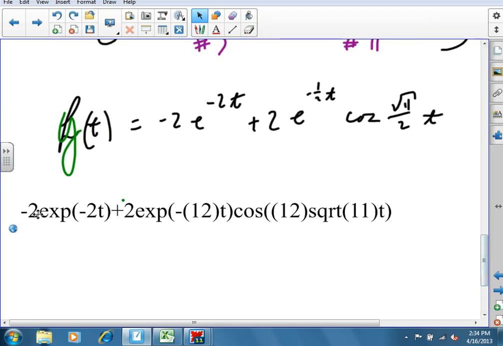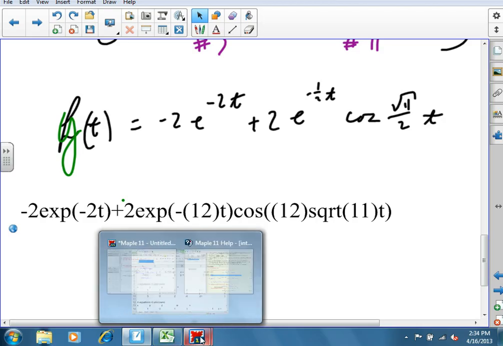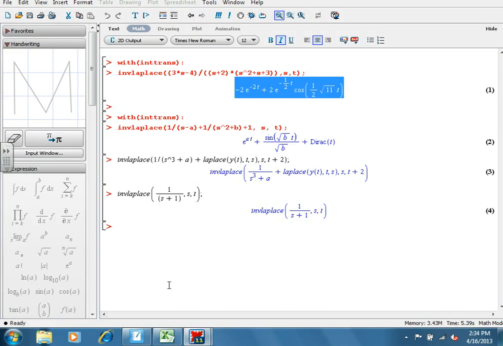Alright, so minus 2 exponential minus 2t, 2 exponential. How come this isn't a half t? It was half t before they messed it up. Yeah, it is a half t. I don't know why they got minus 12.